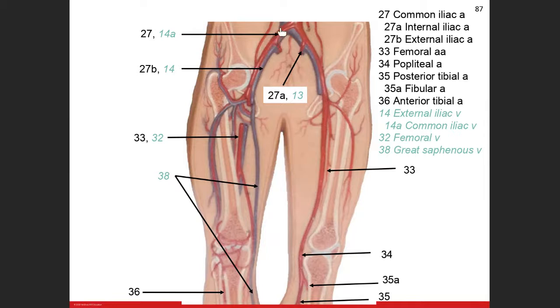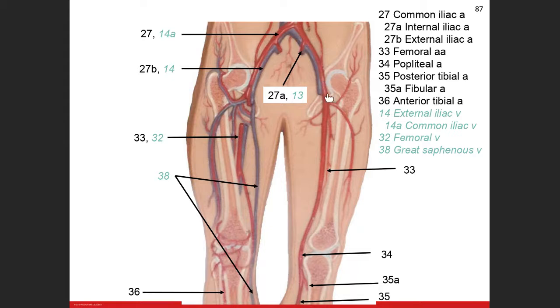This is going to be the right common iliac artery, and then the vein that's accompanying it is going to be the right common iliac vein. All right, and then it branches. So over here, 27A and 13 is pointing to the left internal iliac artery and vein.